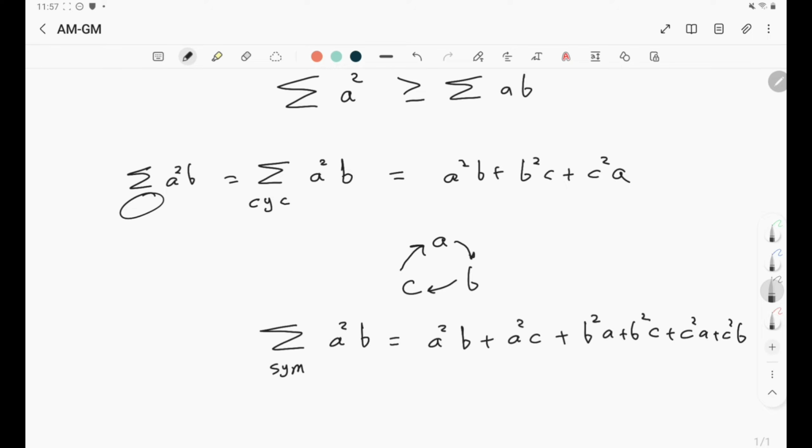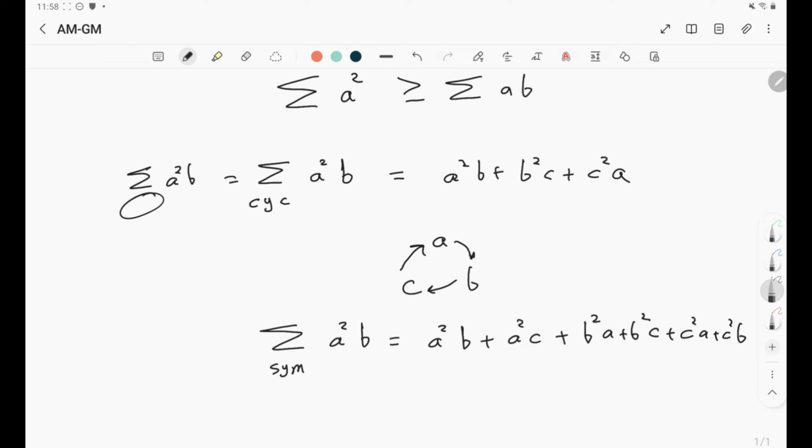So it's really obvious the difference between both of these. Clearly here the symmetric sigma has 6 terms, while the cyclic has only 3 terms. That actually makes sense because 3 factorial is 6, and we're using all different combinations. So that's the difference between symmetric sums and cyclic sums. And if I don't write anything, then you should assume it's cyclic.